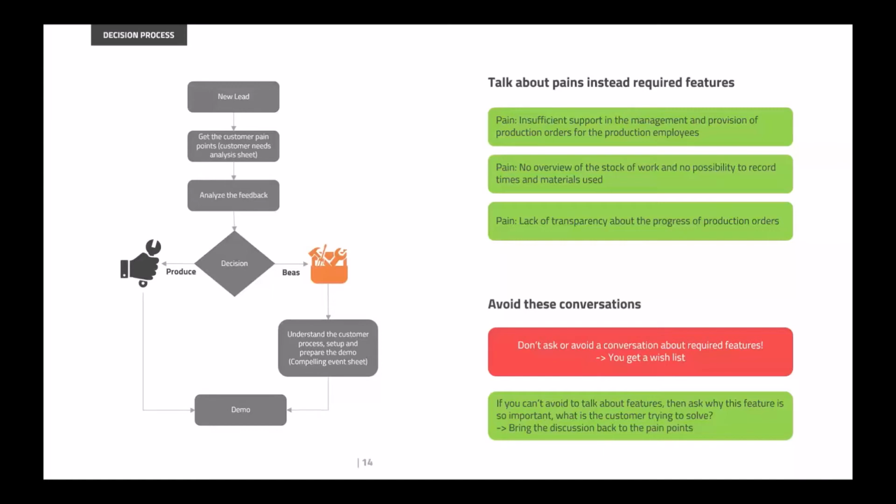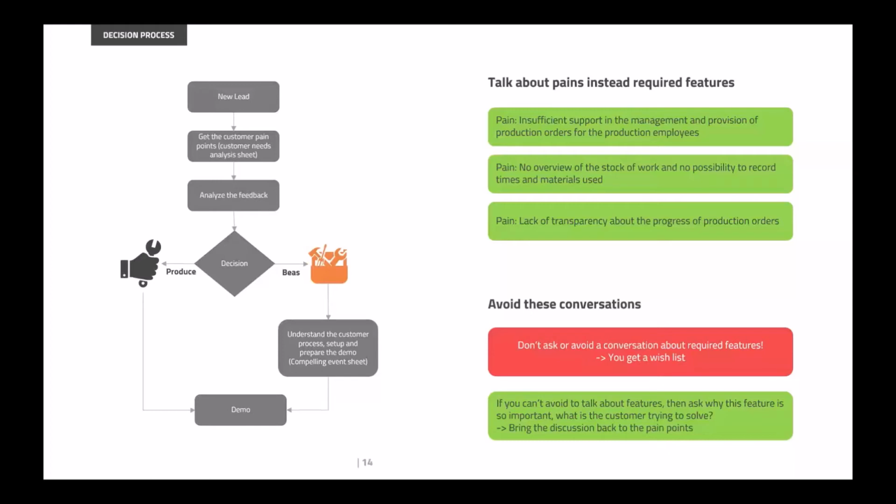So we can solve the problem with solution A and with solution B, in this case. Then this sheet and these questions should help us to make a decision. If the decision is more in the direction of vertical solutions to our toolbox, then in the case of Beas, we have an additional sheet. This is the compelling event sheet.